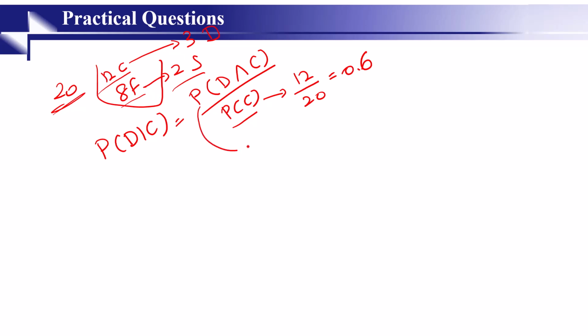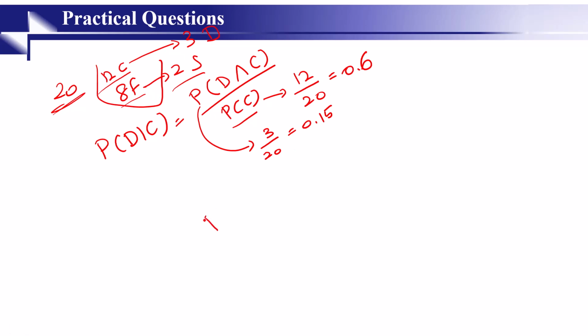P(D and C) is the event of picking a dark chocolate, which is already a subset of chocolate. So P(D and C) is the number of dark chocolates divided by total candies, which is 3 divided by 20, or 0.15.